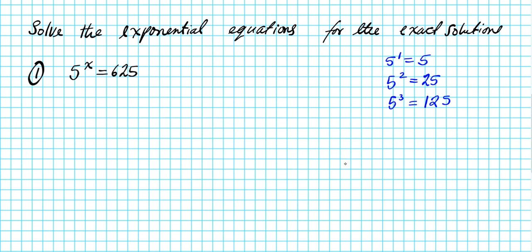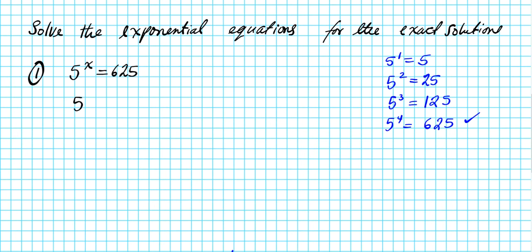And then we have 5 to the fourth power, 125 times 5. If you carry out the multiplication, you end up with 625, and that's exactly what we're looking for. Now we'll proceed to express both sides as exponents with a base of 5.